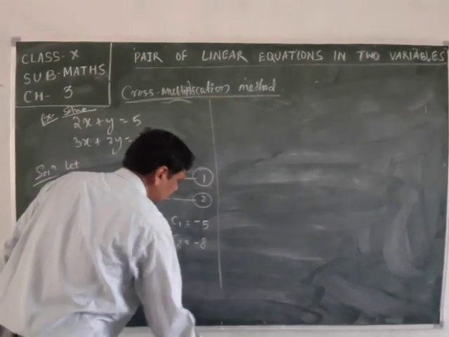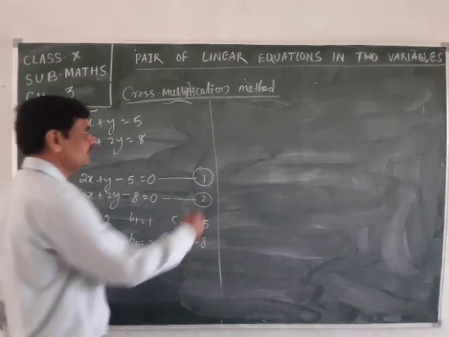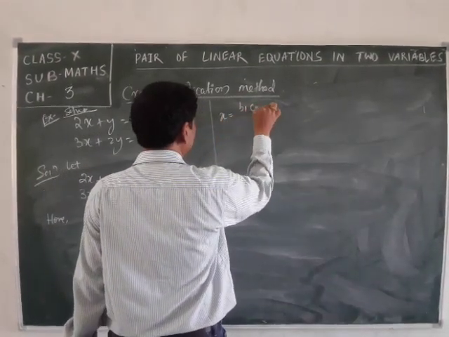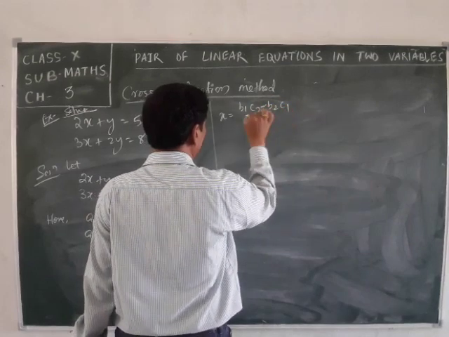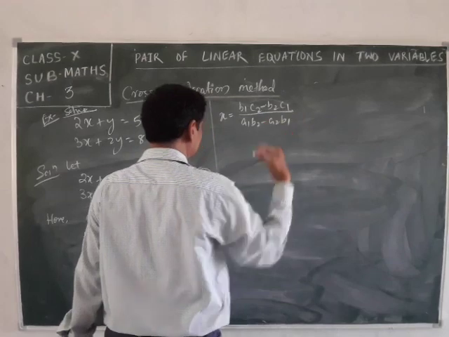Now we can find the values of x and y by using the formula: x = (b1 c2 − b2 c1)/(a1 b2 − a2 b1).